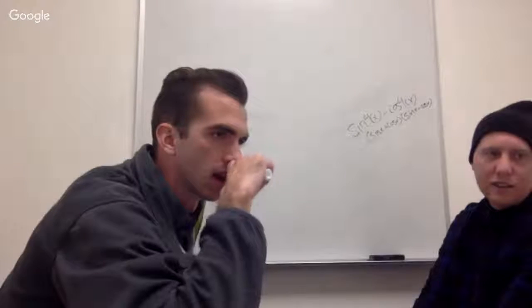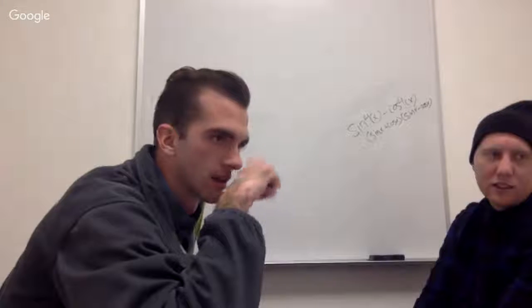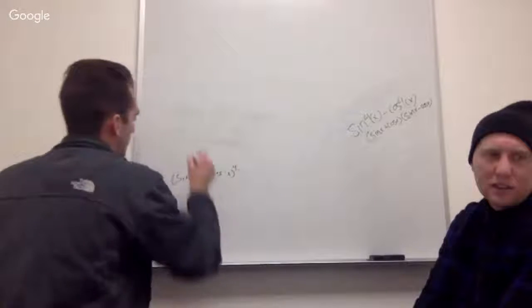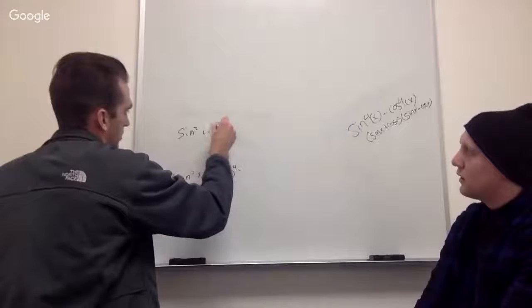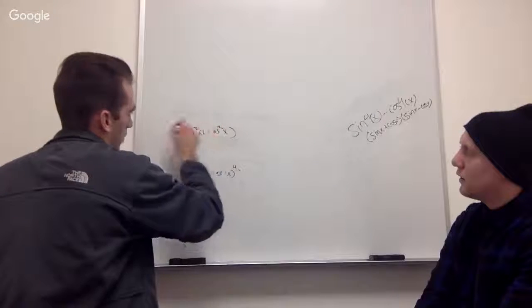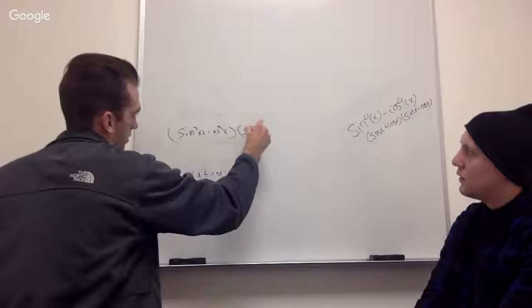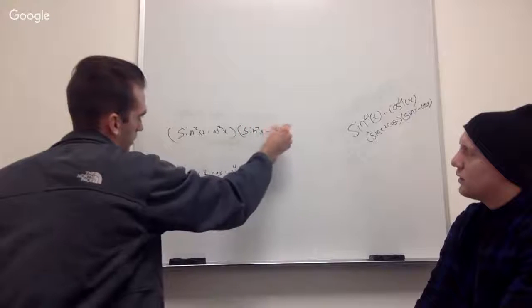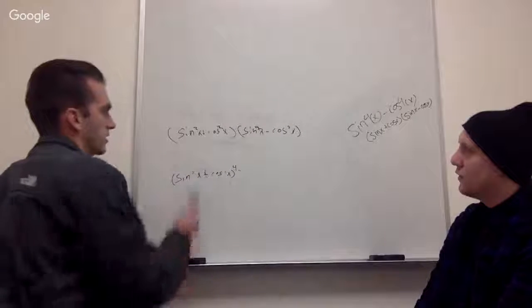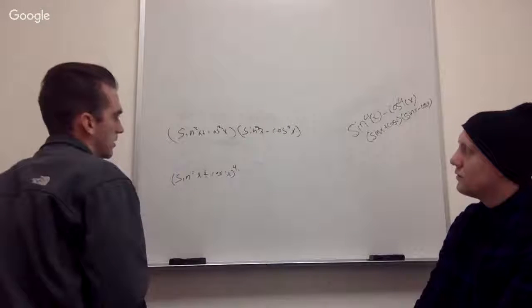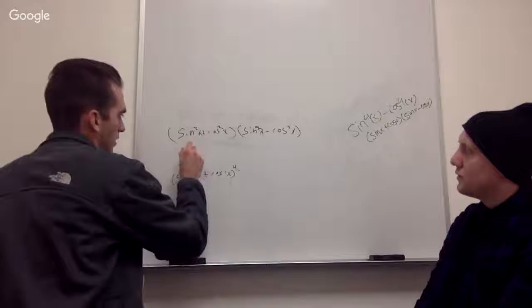Yeah, so we take sine times sine times the cosine. It'll have to be like sine squared plus cosine squared. Cosine, no, it isn't that way. That would work because sine times sine squared times sine squared would be sine.